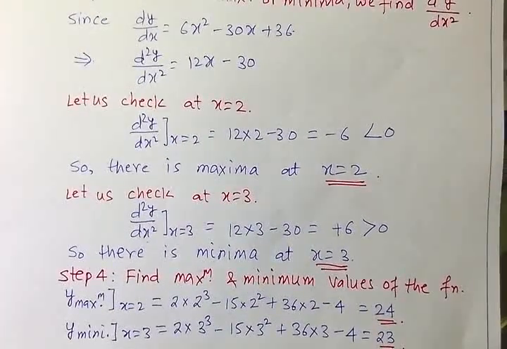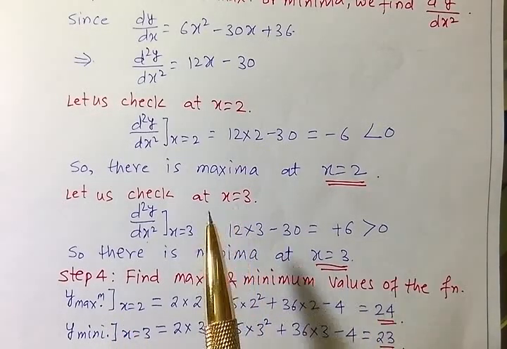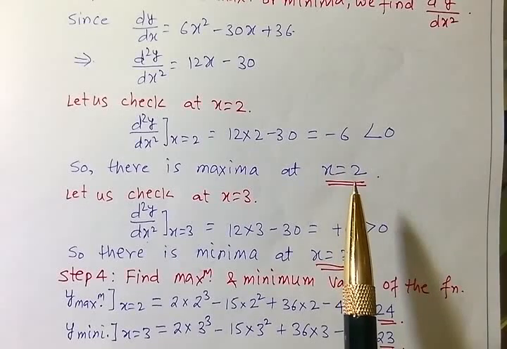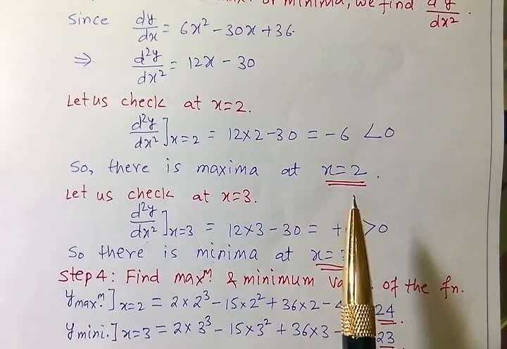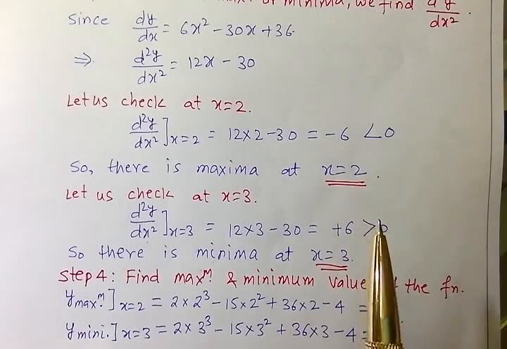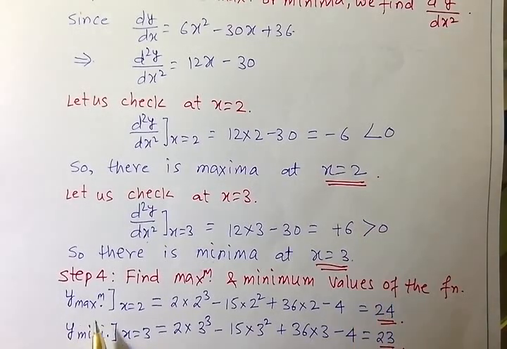Now coming to step 4, find the maximum and minimum values of the function. We already know that there is maxima at x is equal to 2. If you substitute x is equal to 2 in the function y, you will get the maximum value. So y maximum at x is equal to 2: substituting x is equal to 2 in the function, we get the value 24.